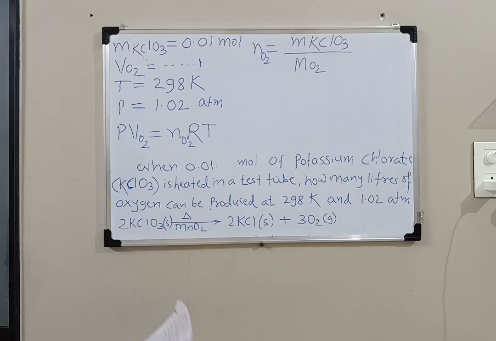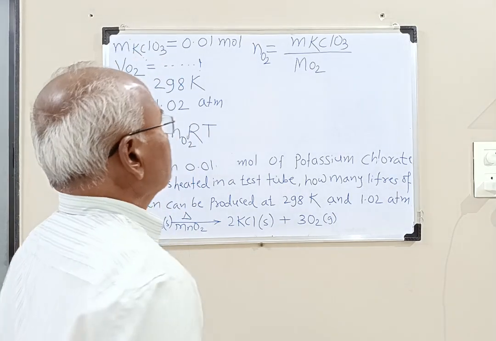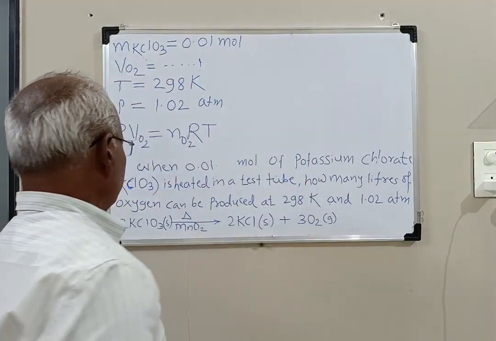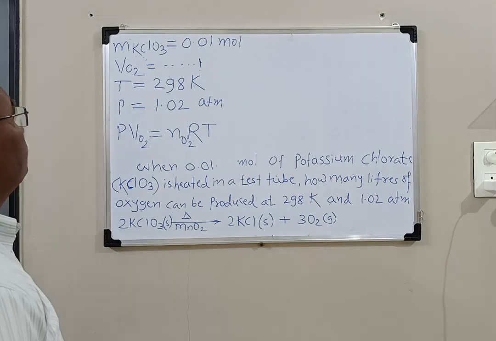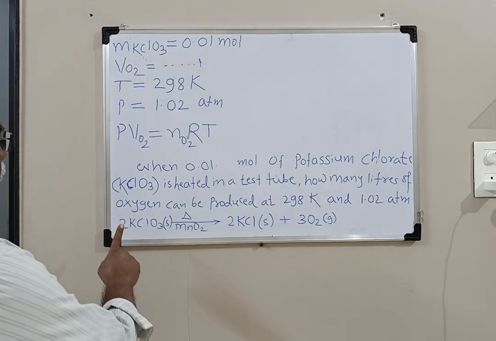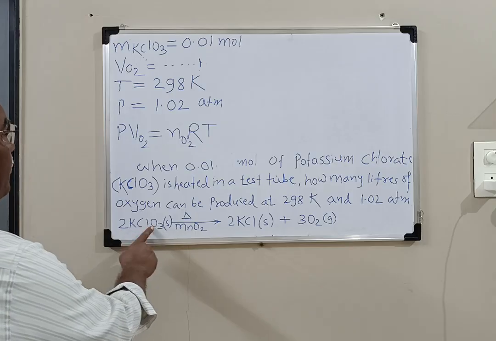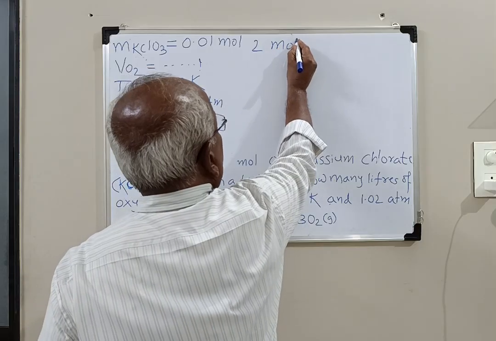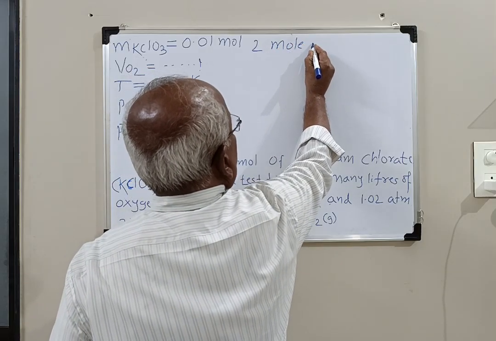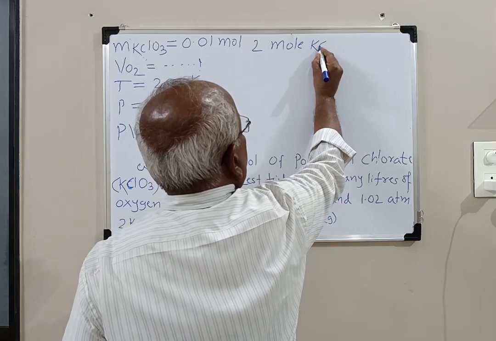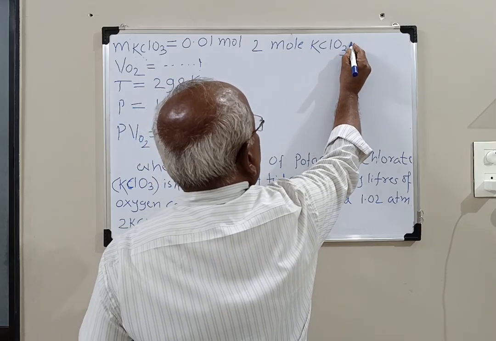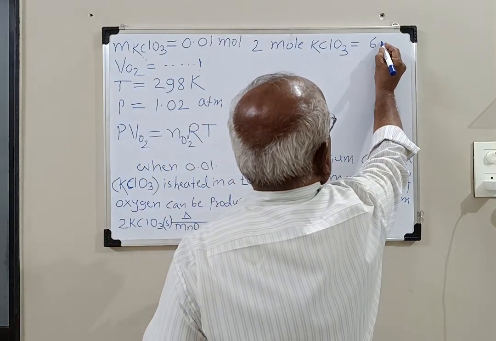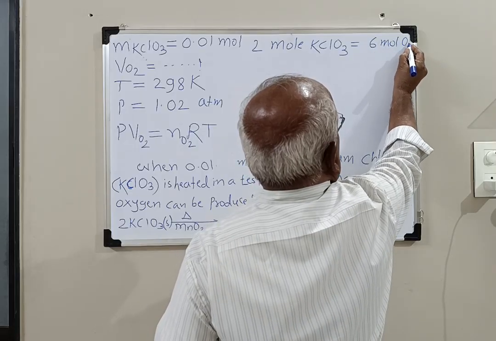Sorry, we cannot use this relation. I write here how to calculate moles of oxygen. 2 moles of KClO3 give 6 mole of oxygen, 6 mole O2.